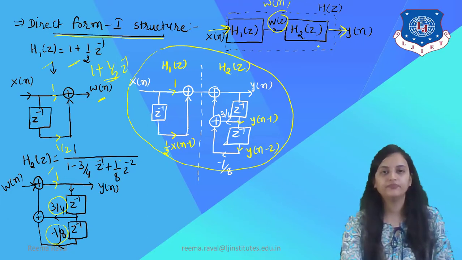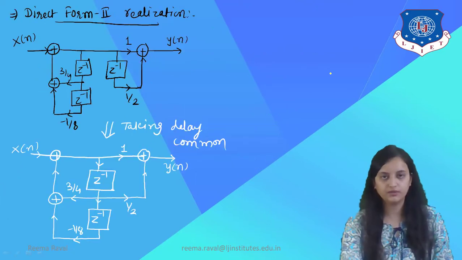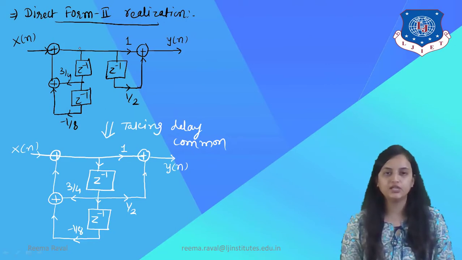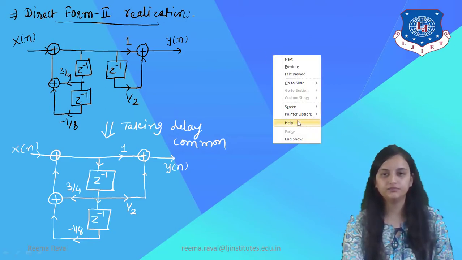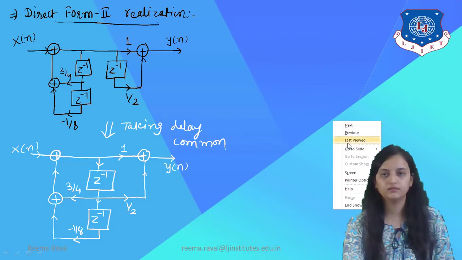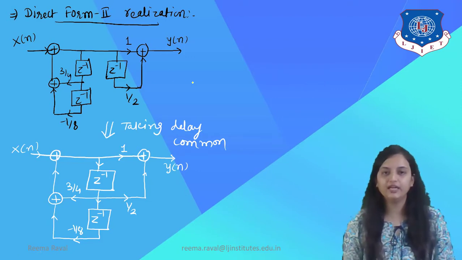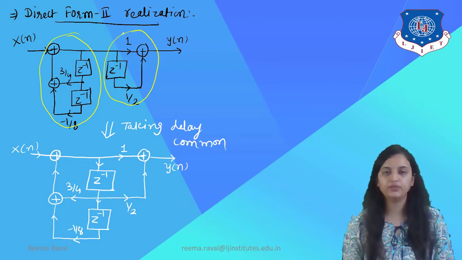Now let us see direct form 2 structure. So in direct form 2 realization, as you can see over here, we have taken h1 of z as the denominator part, and h2 of z as the numerator part.